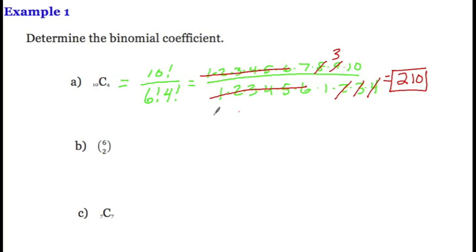Okay. Now 6 and 2, remember that's the same thing as 6C2. If we follow the definition, that would be 6 factorial over (6 minus 2) factorial, which is 4 factorial, times 2 factorial.